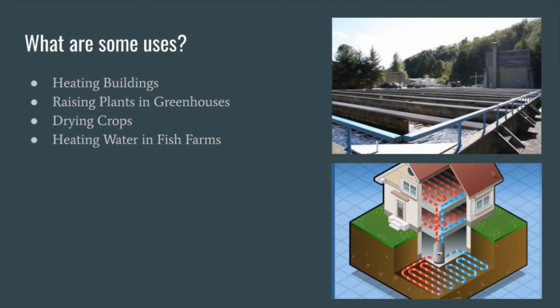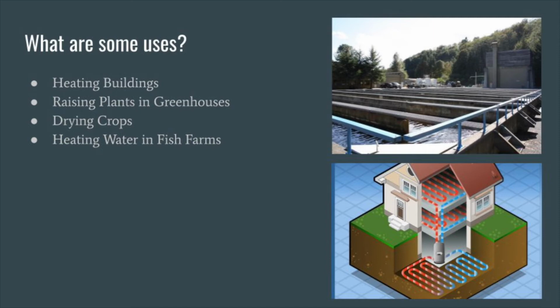Geothermal heating and geothermal heat plants can coincide in the same idea of taking heat from the surface through steam or water and sending it upward to power or increase the heat for different facilities, buildings, greenhouses, crops, and even fish farms.